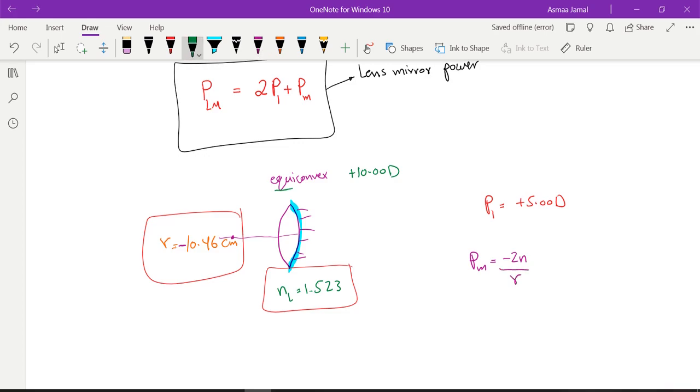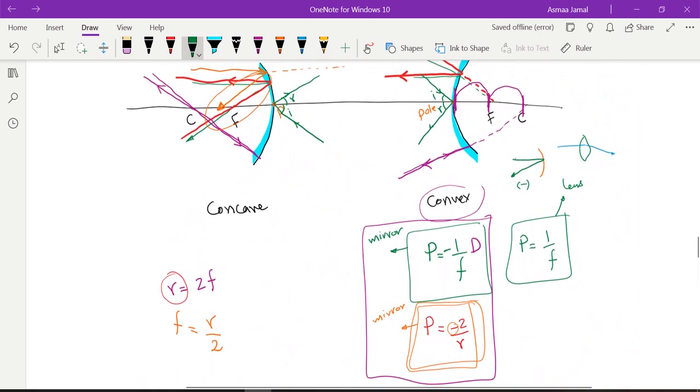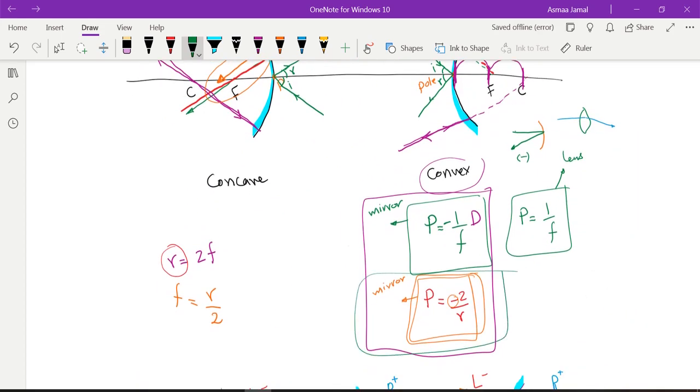If you wondered why we put the refractive index here, in this area we didn't set the refractive index because mostly we put the mirror in the air. So this one equals 1 when we place the mirror in the air. If we put it somewhere else, we need to count the refractive index of that medium.